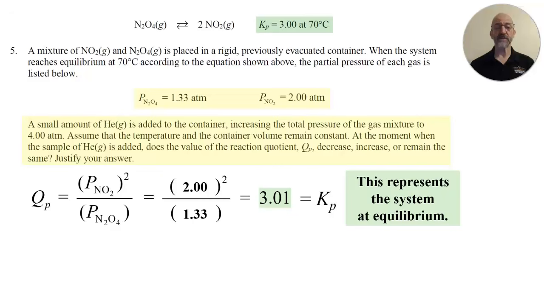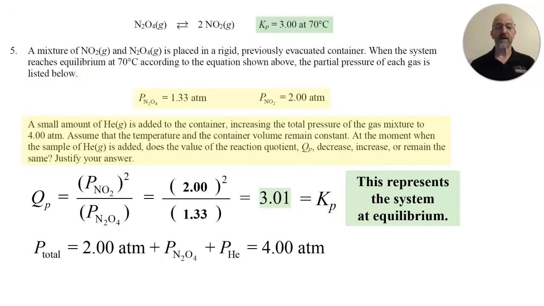Justify your answer. Now that we have added the helium, the total pressure is the sum of the partial pressure of the NO2 plus the partial pressure of the N2O4 plus the partial pressure of the helium. And the combined pressure of all 3 of those gases is 4 atmospheres. So what is the partial pressure of the NO2? It remains at 2 atmospheres.